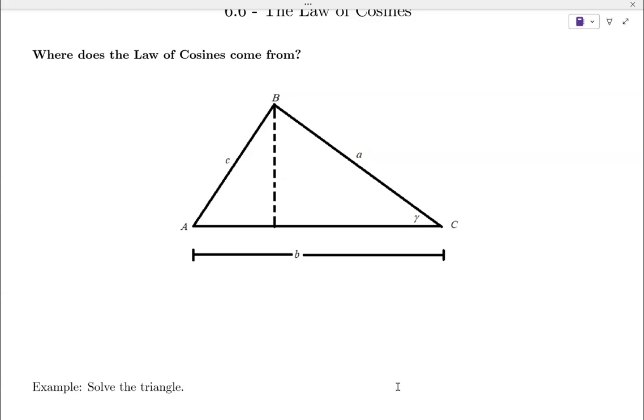We're going to set up an equation so that if we have three of those pieces of information, we can get the fourth. If I know all three sides, that would be your side congruence theorem, you could use law of cosines to figure out what the gamma is, or any of the other angles. If you had two sides and the included angle, you could figure out the opposite side that's missing. So that's where we're headed.